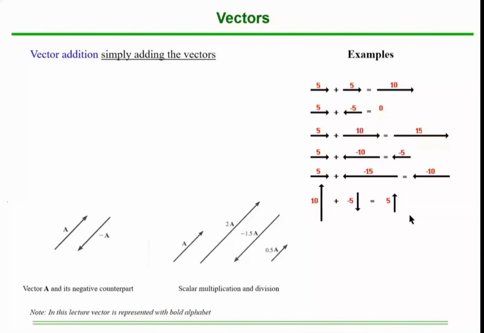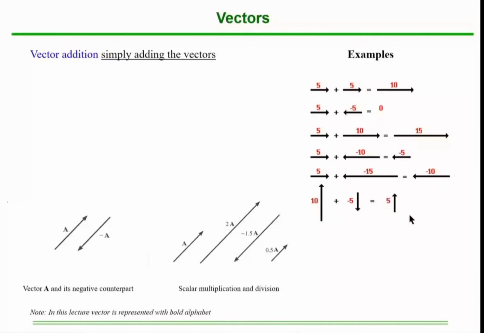So if you have a number multiplied by a vector, you cannot increase the direction. Common sense tells us that only its magnitude will change. You can increase or decrease magnitude, but there's no such thing as increasing or decreasing direction.